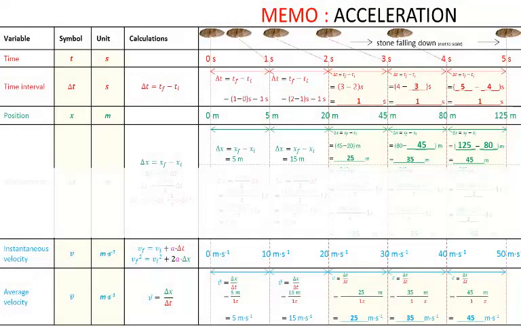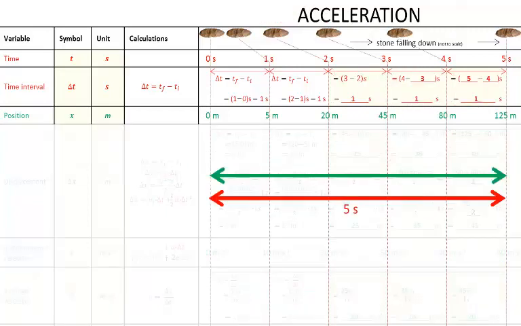Now you could do this for any interval. The intervals we've been using here are all 1 second in duration. But let's maybe take the entire 5-second interval shown here and let's see what we find. What's the average velocity for the entire duration from 0 to 5 seconds? We know that the entire displacement is final position 125 minus initial position 0, 125 meters.